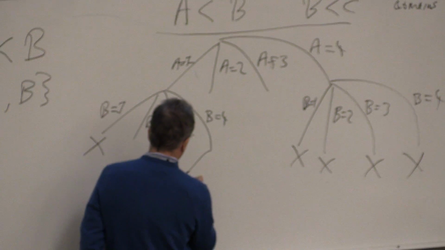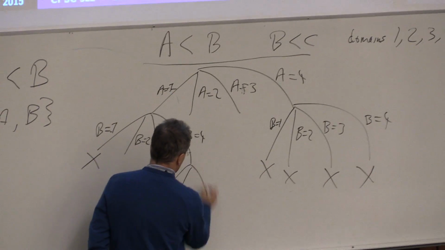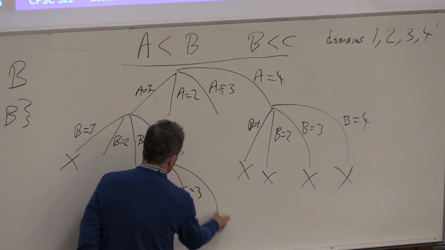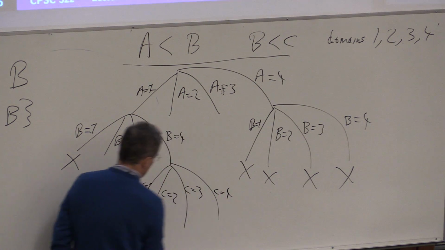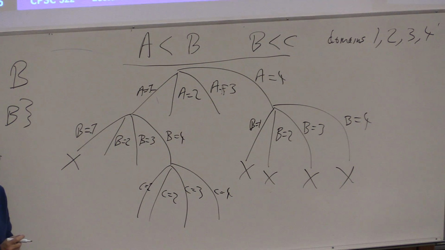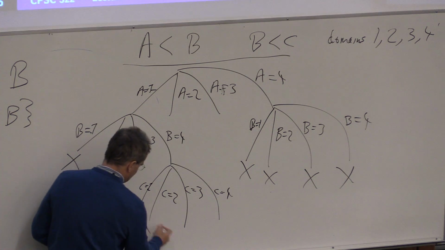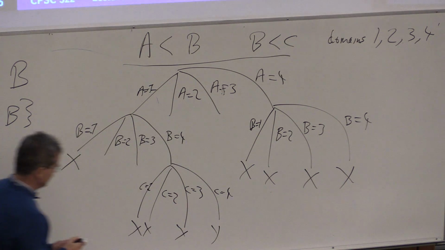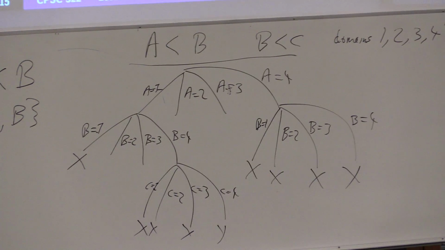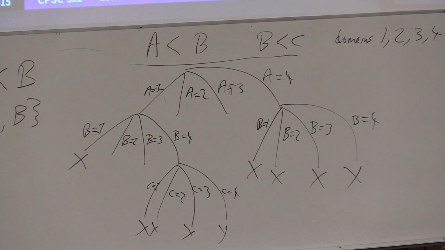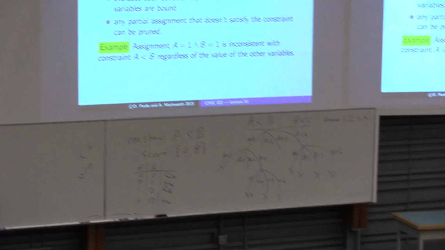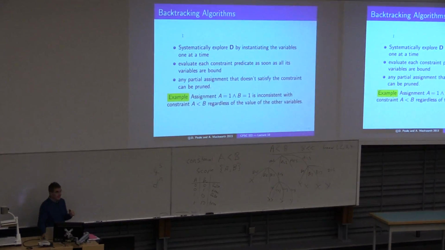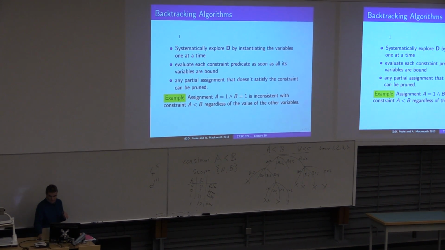C is 1, C is 2, C is 3, and C is 4. And what happens to all of these? Right, they all die. Okay. Is that okay? All right.